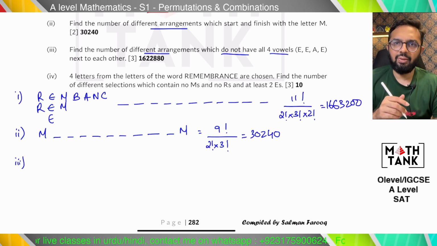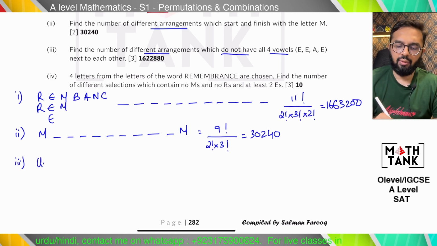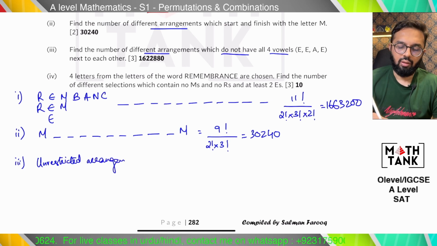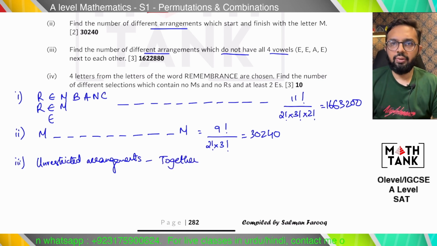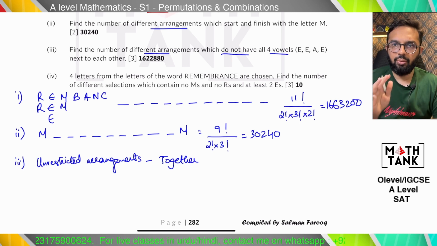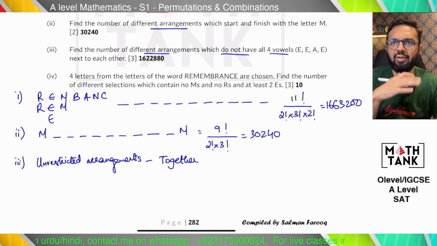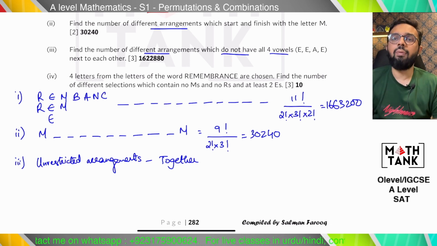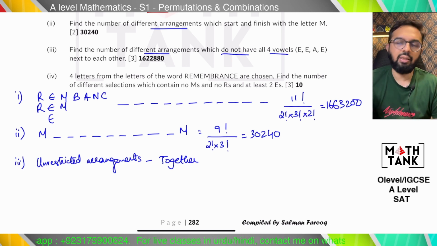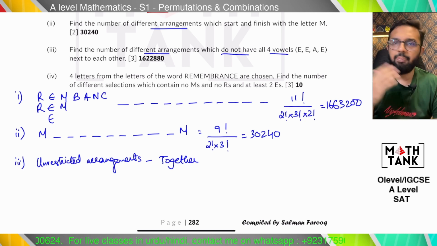So in this case, what you simply do is you take the unrestricted arrangements and you subtract together. Okay, why do you do that? Because you just want to make sure that all four are not next to each other. Three can be next to each other and two can be next to each other, but I don't want all four next to each other. So I'm just eliminating that possibility and keeping the unrestricted.